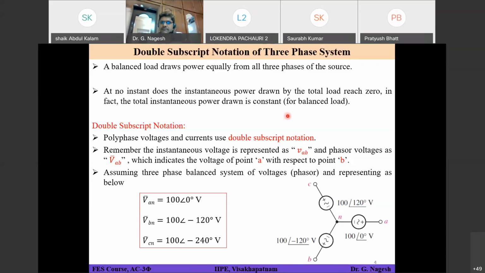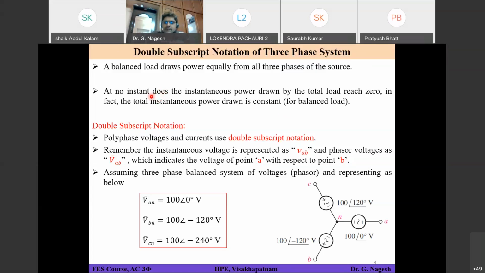So when I say power, it is average power we are talking about. So for a balanced load drawn from a balanced source, the total power drawn is constant. That's what this statement says. So this is regarding your balanced source and balanced load.